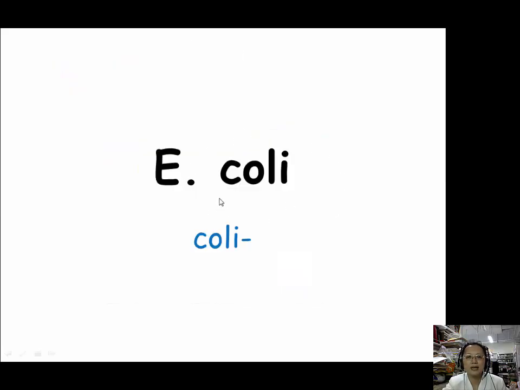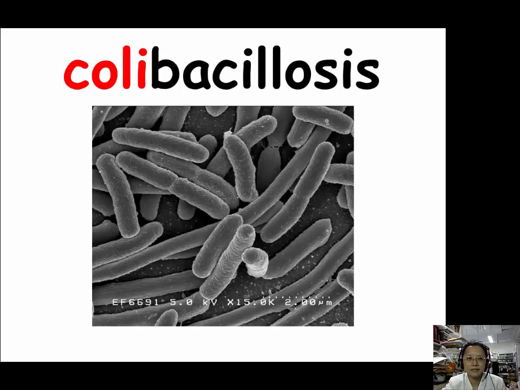And for E. coli, we could also use the prefix coli, C-O-L-I, to describe things that are related to E. coli. E. coli is a commonly found bacteria. It exists in humans' gut. Our example is colibacillosis.